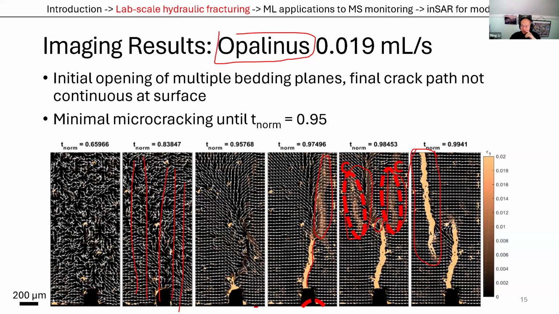And you see that the one that eventually dominates is not the one that was first dilated, right? This alludes to the idea that it's still a stochastic system in the beginning, that there are multiple candidates of where the hydraulic fracture might go, and then one of them becomes dominant towards the end.